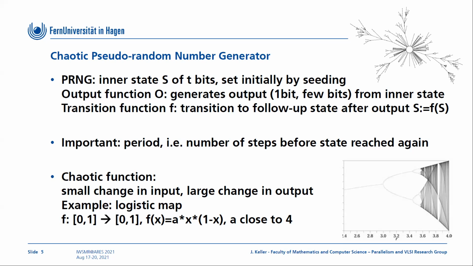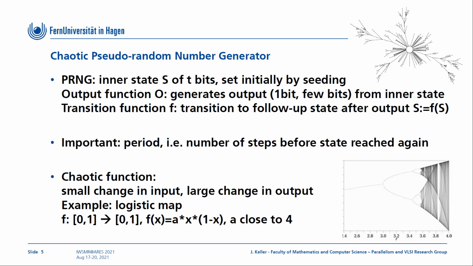An important characteristic of a pseudo-random number generator is its period, which is the number of steps that we can do before a state that had been reached in the past is reached again. If the period is too small, then we need very frequent reseedings, which complicate protocols.